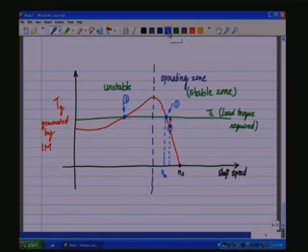Likewise, if the operating point had shifted here, the speed here is lower compared to the normal operating point nm, and the torque is higher. So because of the higher torque, it tries to make the motor shaft move faster, and the speed increases, torque decreases, till it comes back again to the operating point.